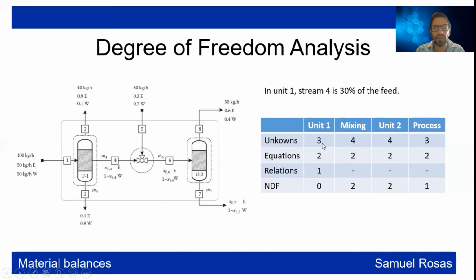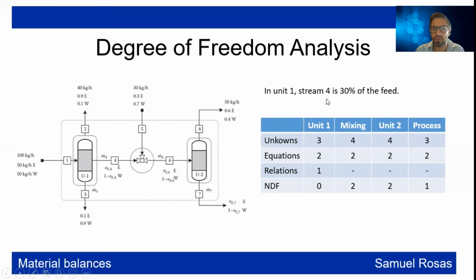You can build up 2 independent equations, which are, let's say, 100 is going to be equal to 40 plus M4 plus M3. And for component E, if you build up for component W, that's going to be dependent on the other 2.